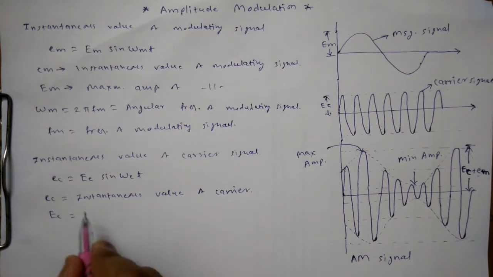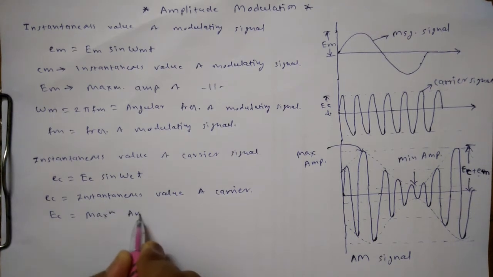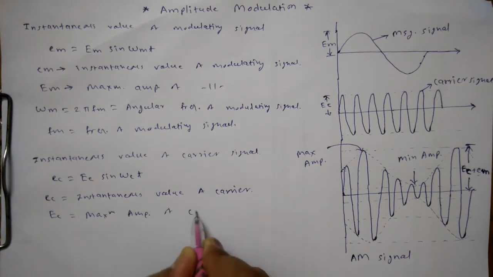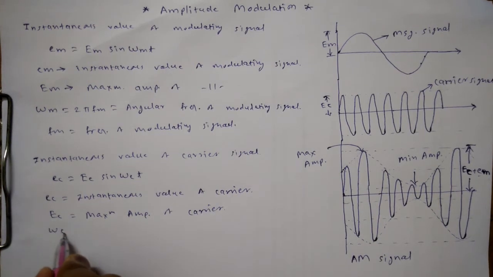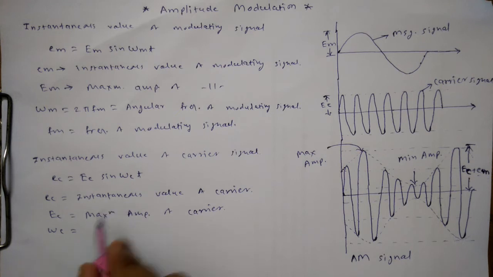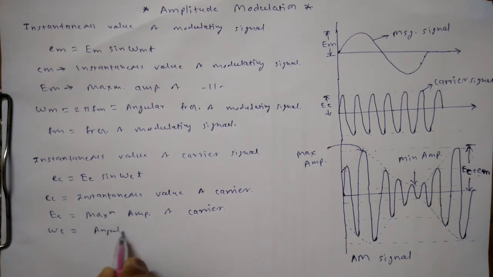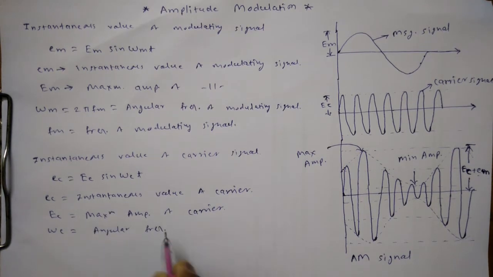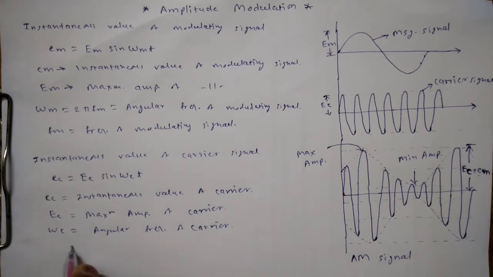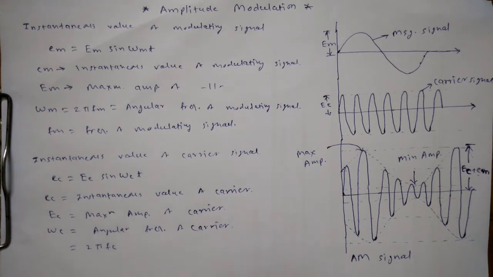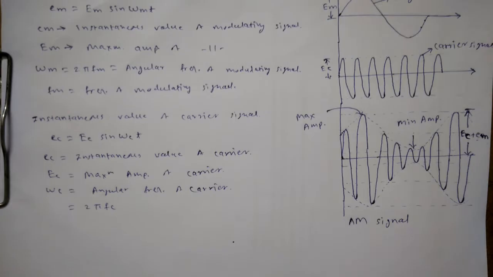This EC stands for the maximum amplitude of the carrier. Likewise, this omega c is nothing but the angular frequency of the carrier. Further, omega c is nothing but 2 pi fc, where fc is the frequency of the carrier signal. I hope that you understand this.